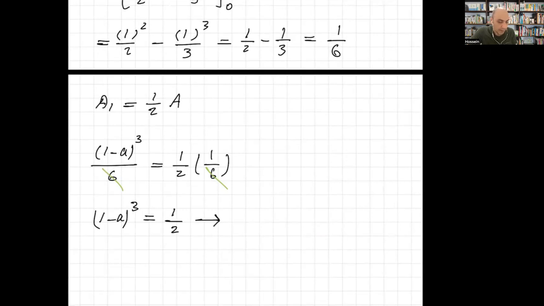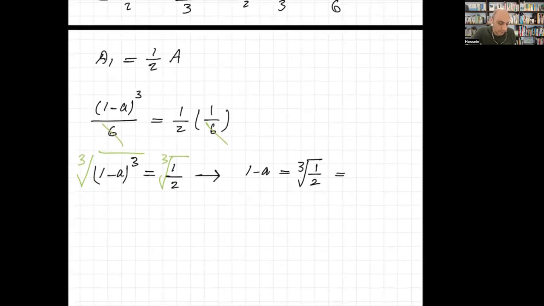Then I take the third root of both sides. So I have 1 minus a equal to the third root of 1/2, which is the third root of 1 divided by the third root of 2, which is 1 divided by the third root of 2.